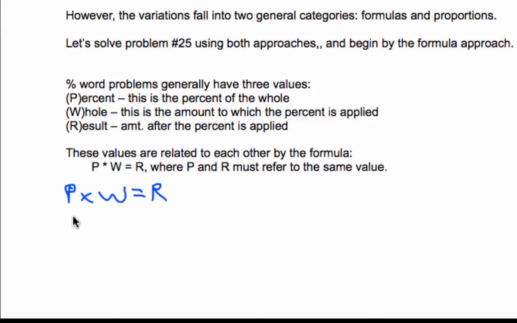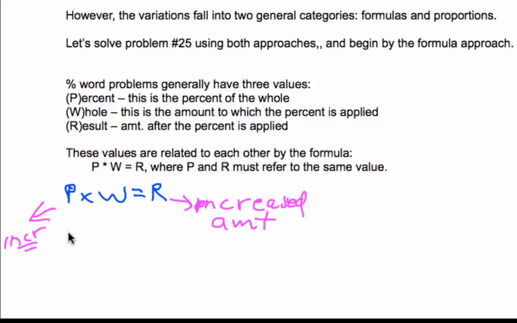Now they want the percent increase, so P is going to refer to the percent of the increase, which means R has to also refer to increase. In this case, R will be the increased amount.